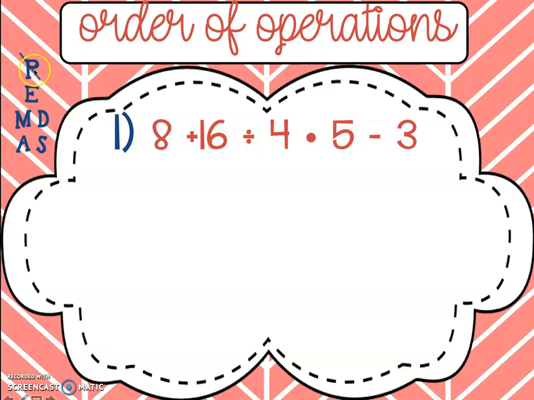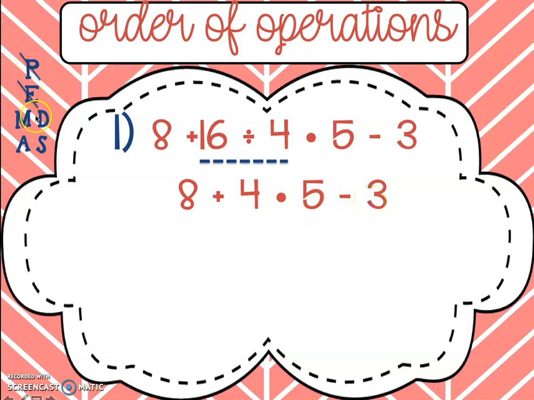There are no parentheses and no exponents, so now we're looking at multiply or divide, and I see divide first. So we're going to do 16 divided by 4. That gives us a 4, and you're still going to copy down all of your other pieces because we're going to show every single step of our work. So we have 8 plus 4 times 5 minus 3.